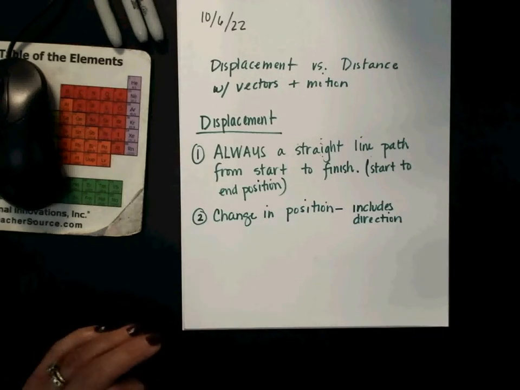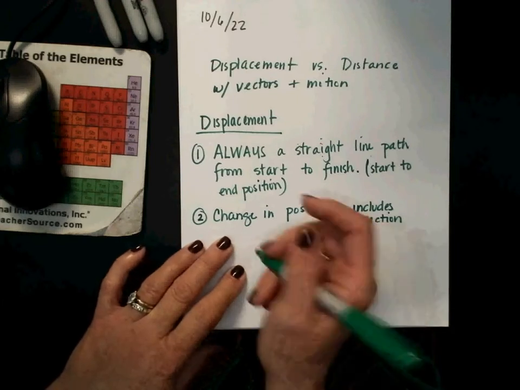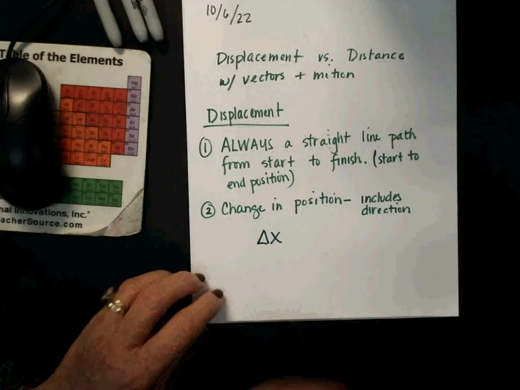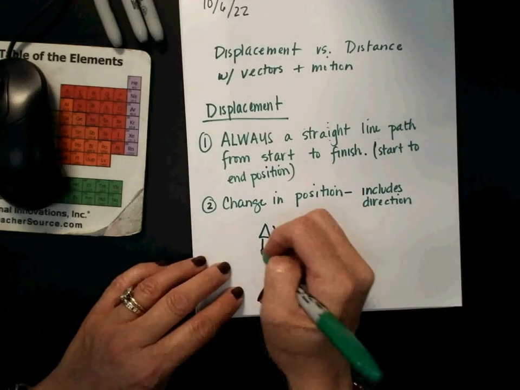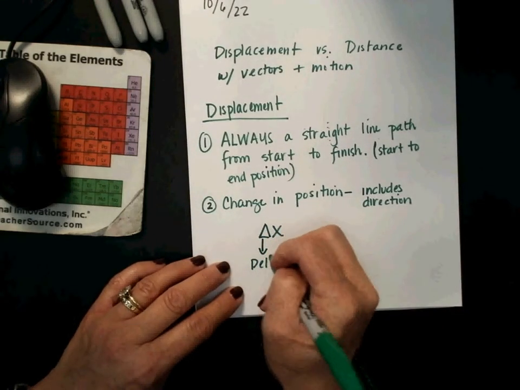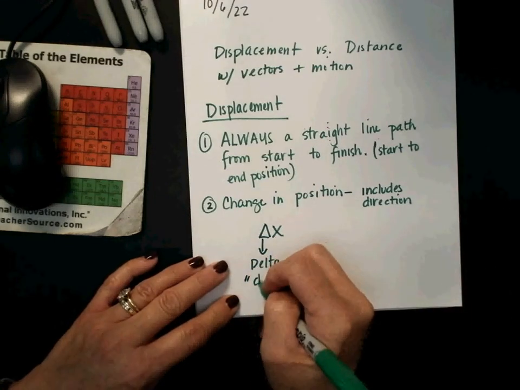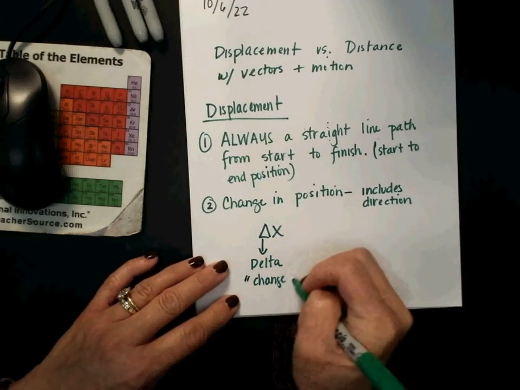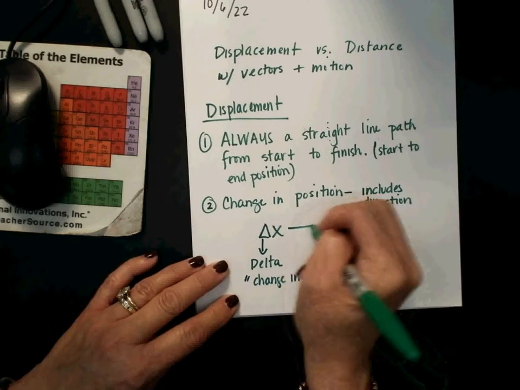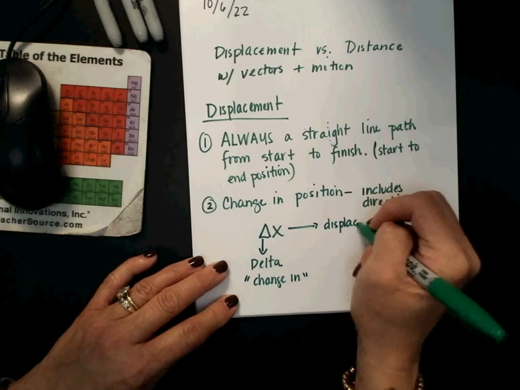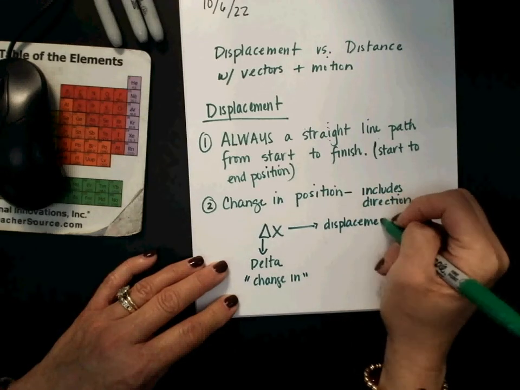This change in position is a delta x. And this triangle is delta, the Greek letter which stands for change in. And x is the symbol for displacement.